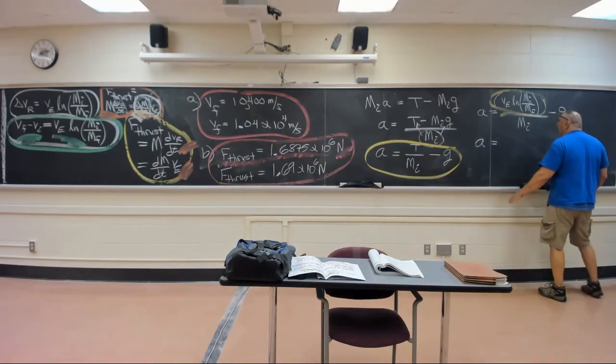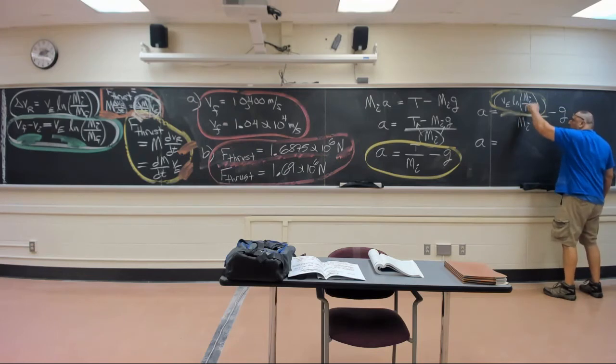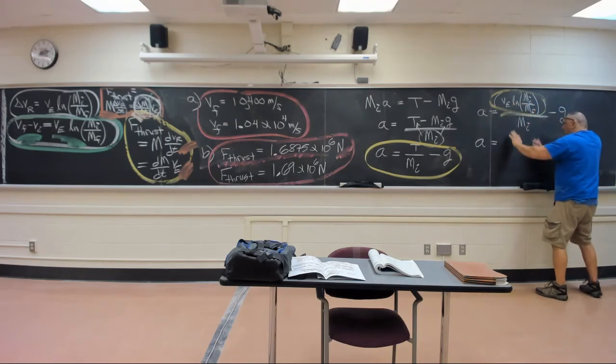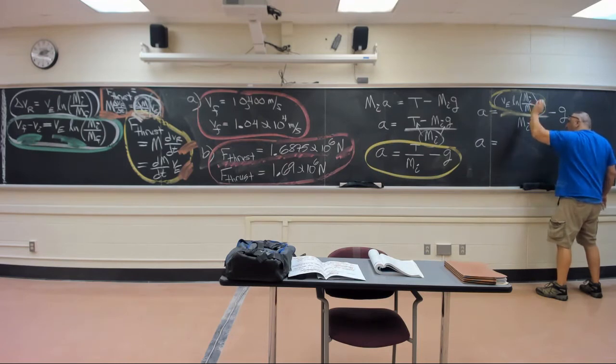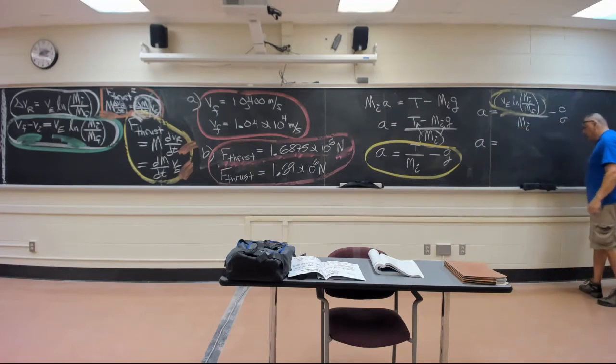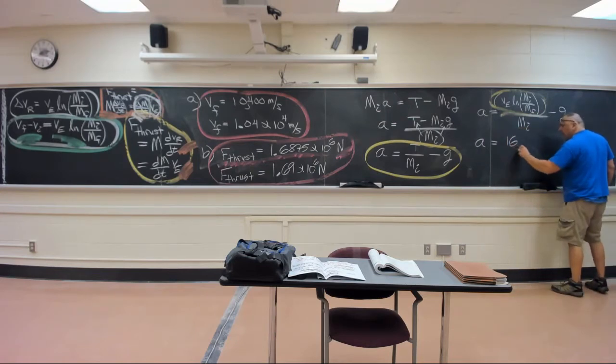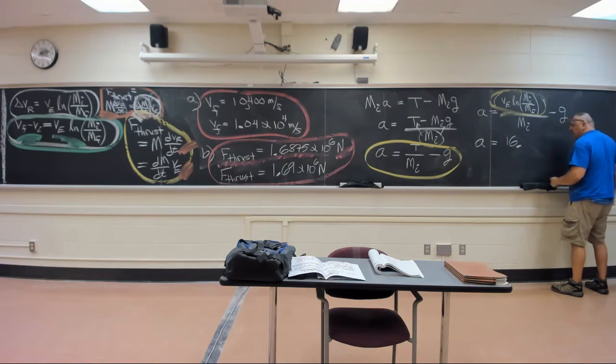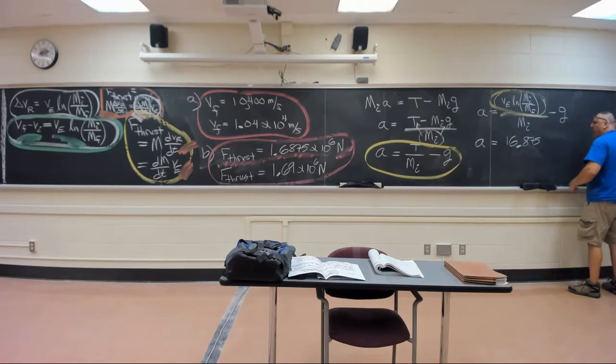Really? Yeah, let's try it again. We did the whole song and dance earlier right here. This whole thing is 1.6875 times 10 to the 6th. This is 1.00 times 10 to the 5th. The answer at the end of all that is 1.6875 times 10 to the 1, which is 16, minus this.